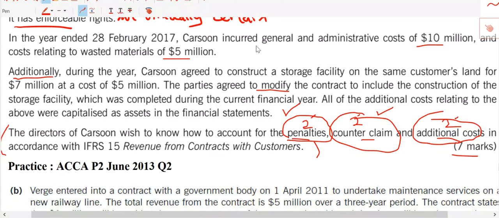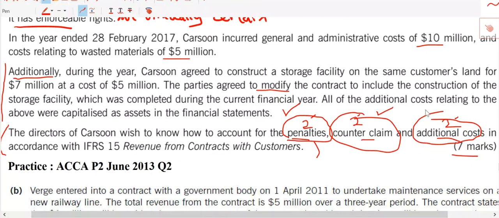While we are still thinking what we should do with this general admin cost and wasted material, the question starts to talk about a contract modification. We decided to add in a new asset, which is a storage facility on the same land for the customer. So I see that this paragraph should not be helping me to talk about this. Hang on, they got something extra here.